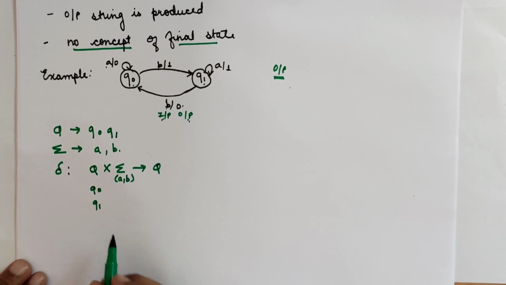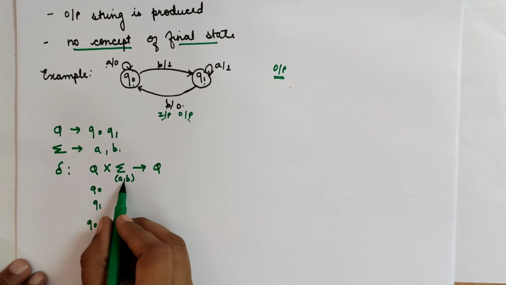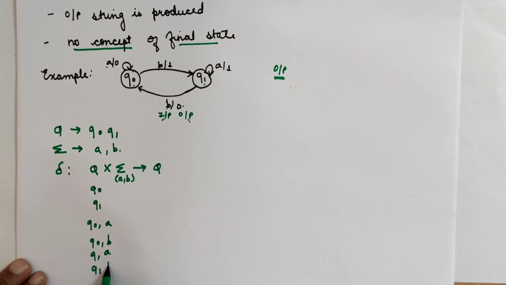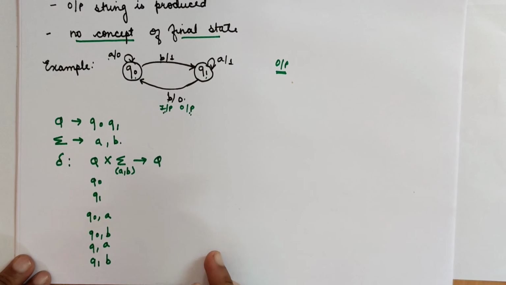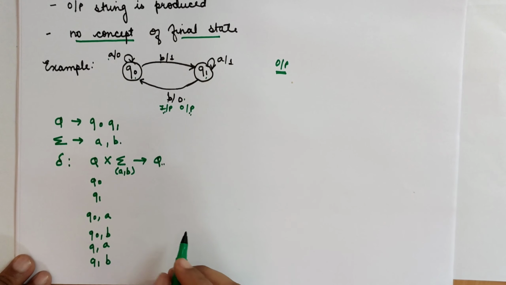So we will write down all the combinations of Q0 and Q1 with inputs A and B: Q0 A, Q0 B, Q1 A and Q1 B. So these are the 4 possible combinations. Now obviously it is going to go to some state. What are the possible states available? The set of states Q0 and Q1.